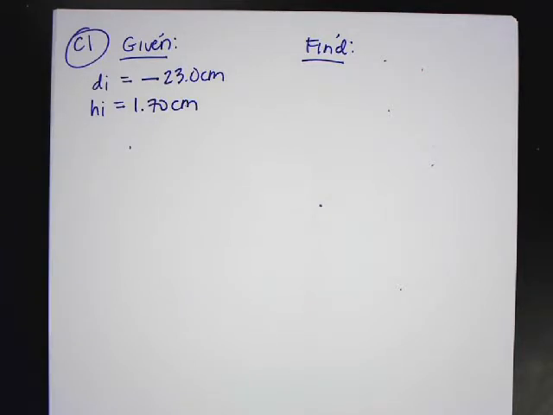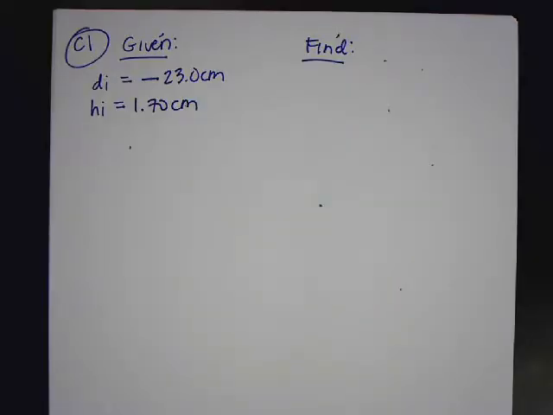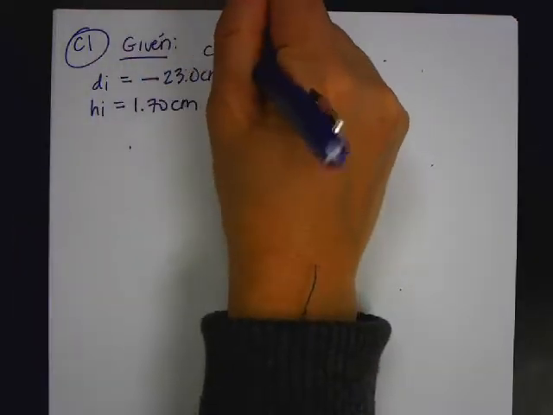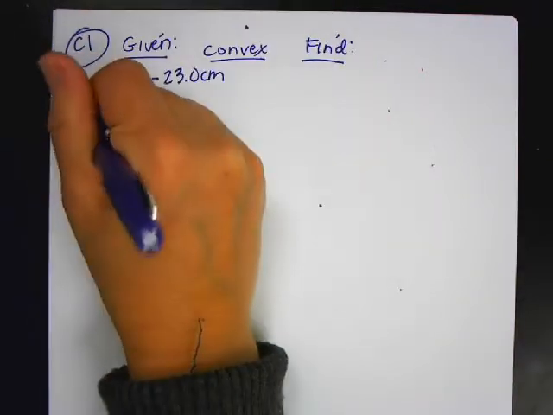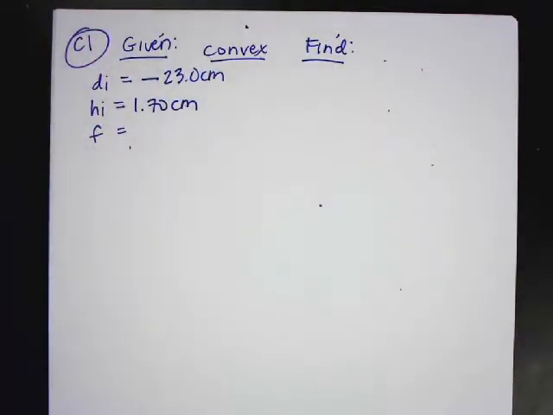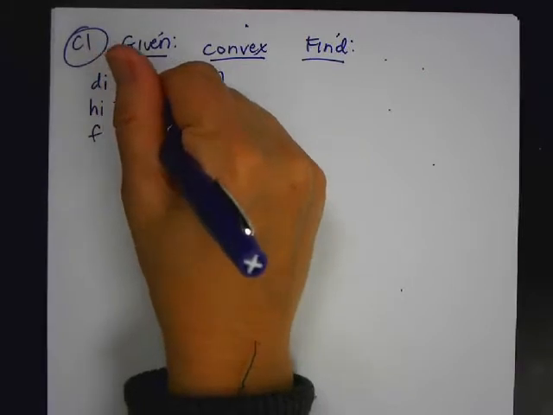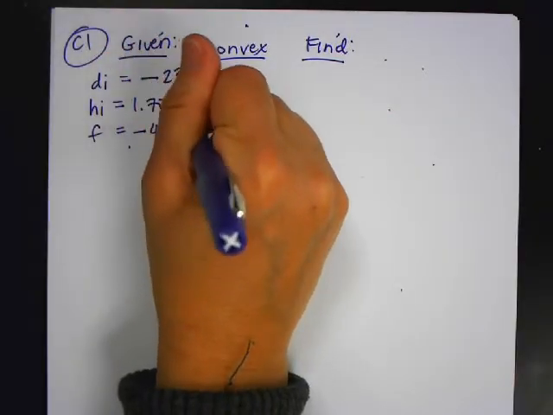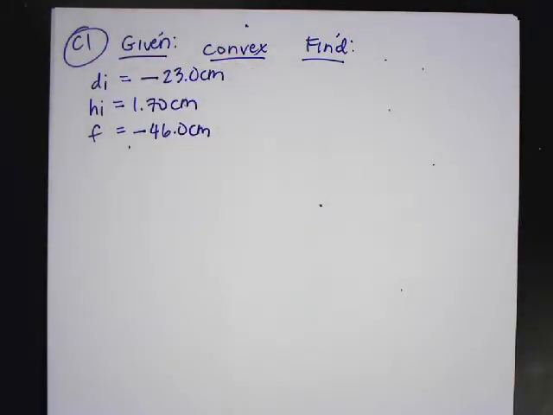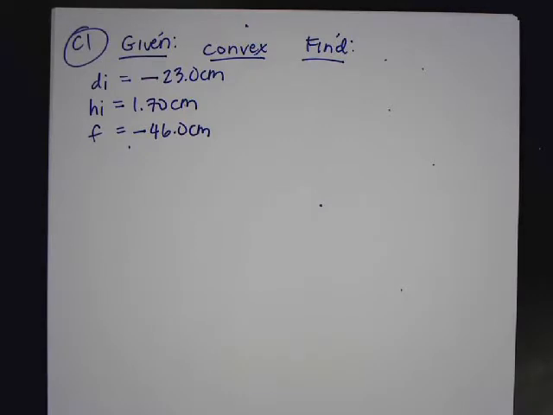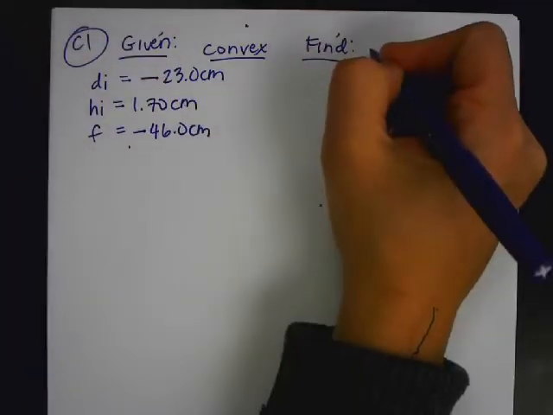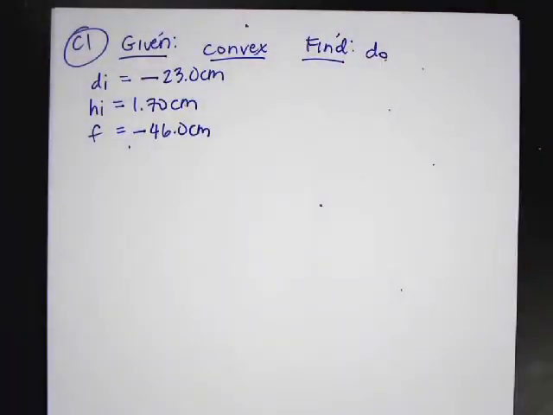If the mirror's focal length is 46, now remember, this is convex, so we said the focal length is always going to be negative because it's behind. So this is negative 46. This is how people make mistakes. How far in front of the mirror is the crayon positioned? So we want to find DO, the distance of the object.